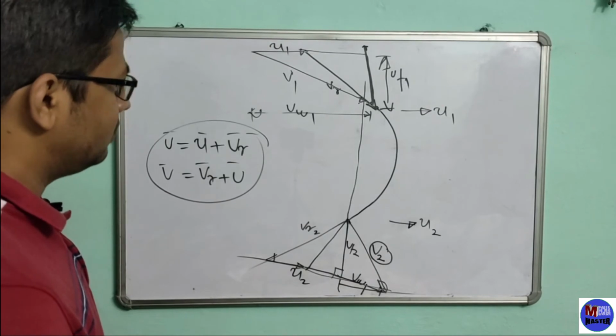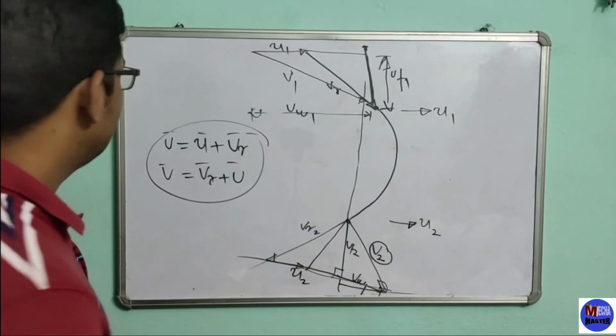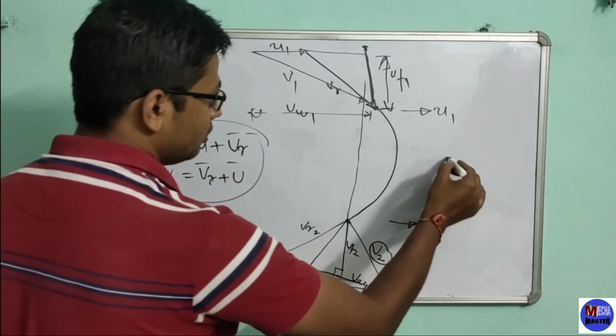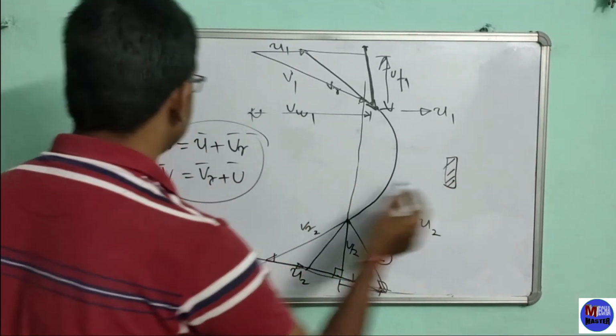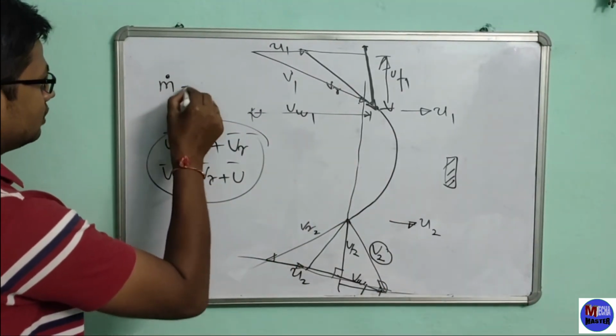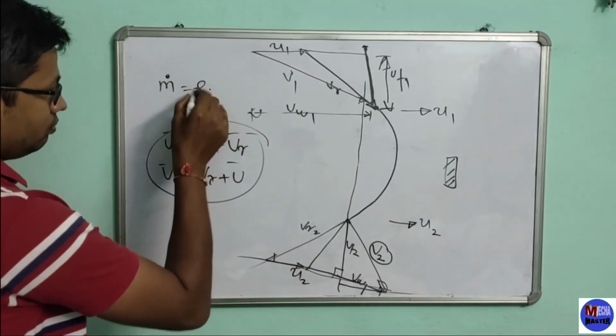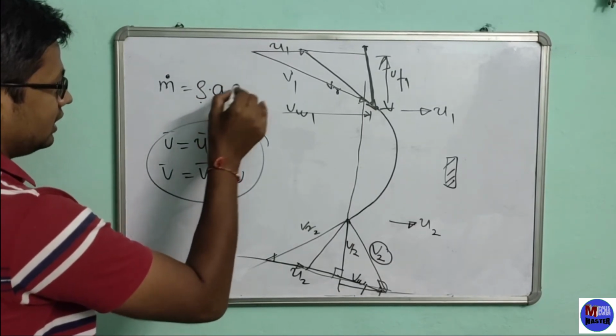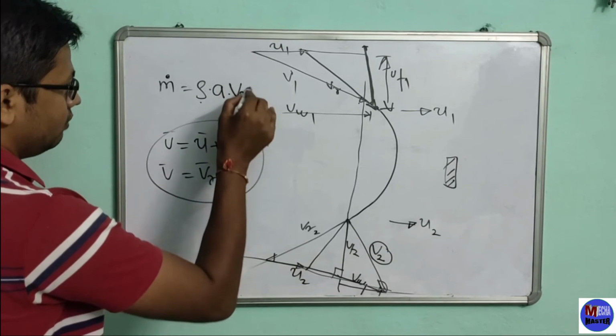For mass flow rate, I think I have told you. For the case when there is a single vane, the mass flow rate will be rho times the area of the jet times the relative velocity, where rho is the density of the water.